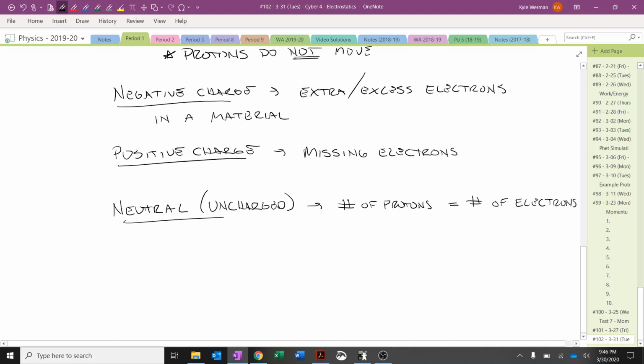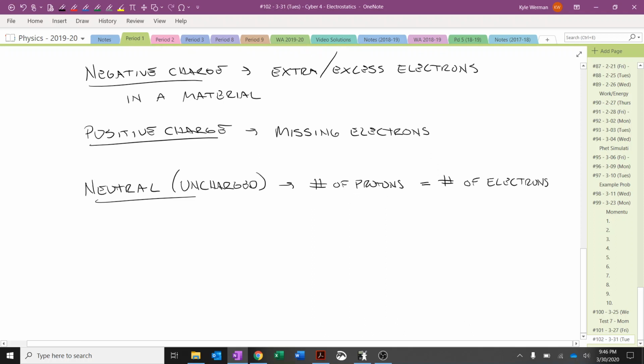And this is where most materials want to be, but due to other factors, friction with other materials, what's happening in their environment, you get this situation where electrons can temporarily be moved away from the surface of that material towards other materials, and we get that charge buildup.